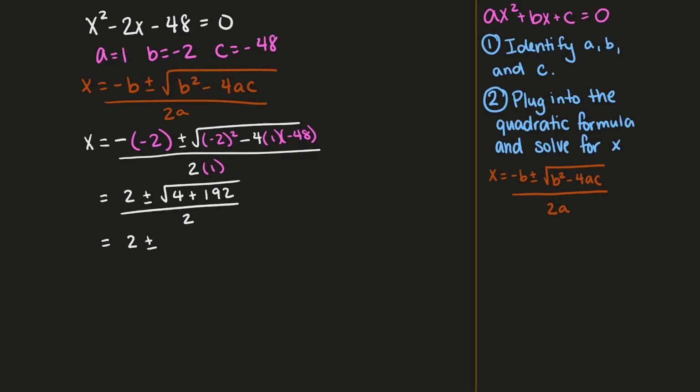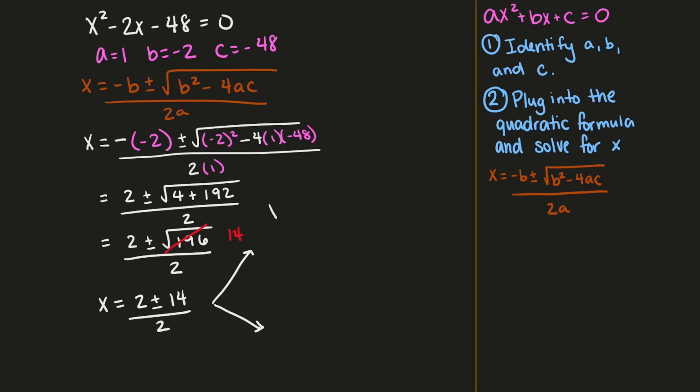which is 2 plus or minus the square root of 196 over 2. The square root of 196 does simplify and is equal to 14. So this means we have x equals 2 plus or minus 14 over 2. So we can split this up and find our values for x.